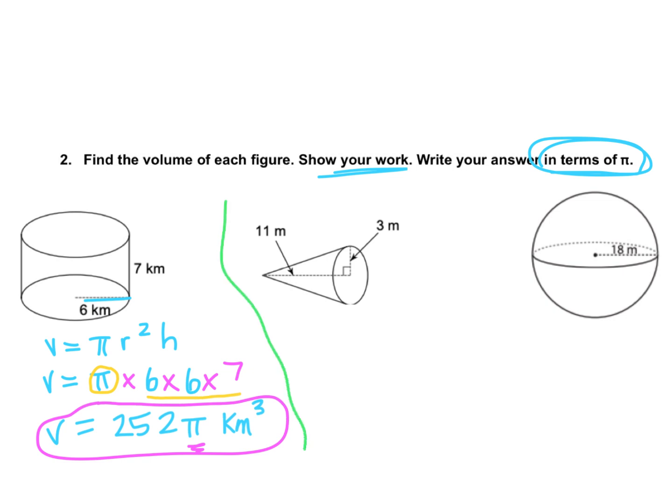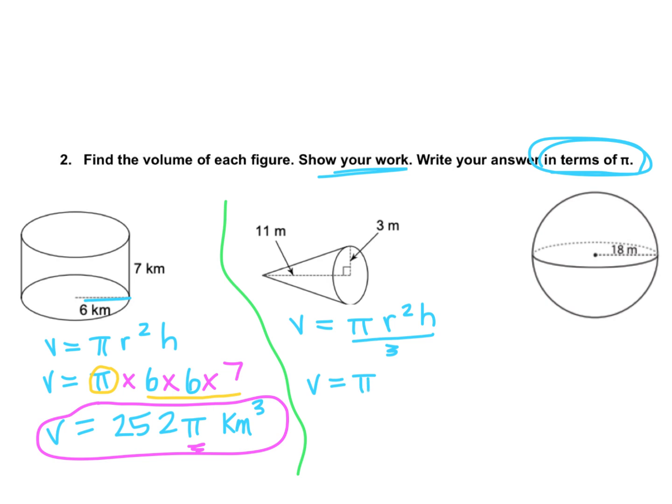The next one is a cone. And we're going to show all of our work. On your formula sheet, the formula is 1/3 pi r squared h. Some students like to do pi r squared h and divide that by 3. Either one will work. I'm going to show you the divide by 3.